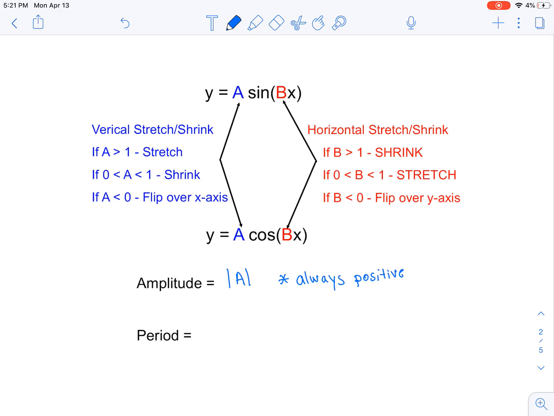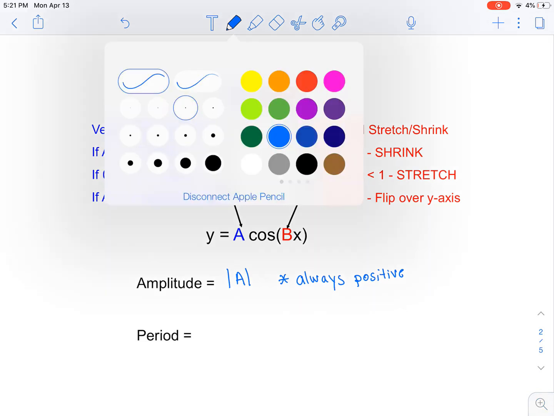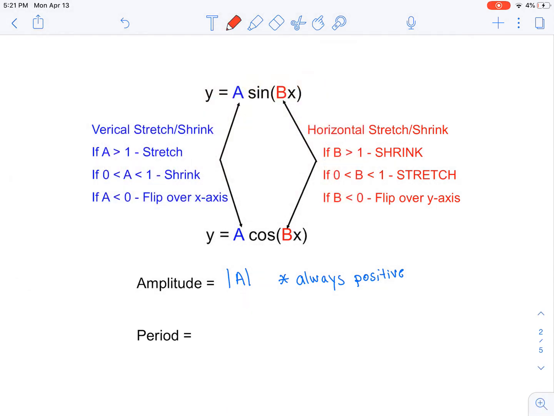And so what we really want to think about when we change our period, to figure out your period, you're going to use a little formula, 2 pi over B. Basically, we say on the basic sine curve, the period is 2 pi.